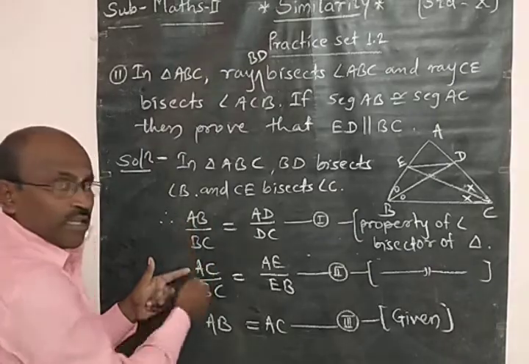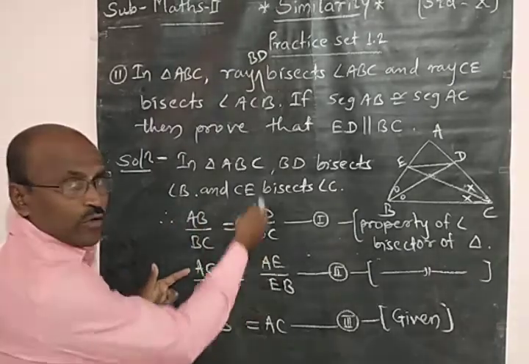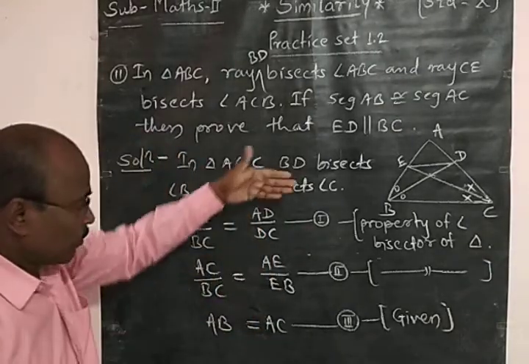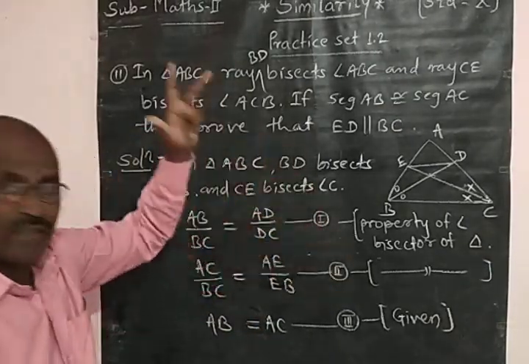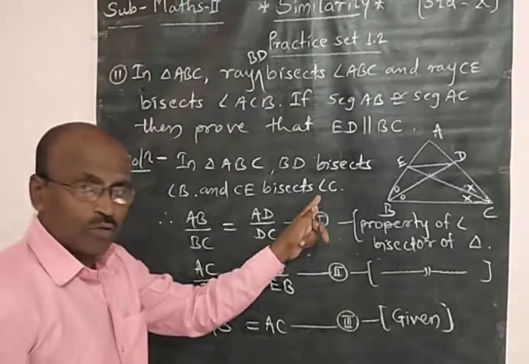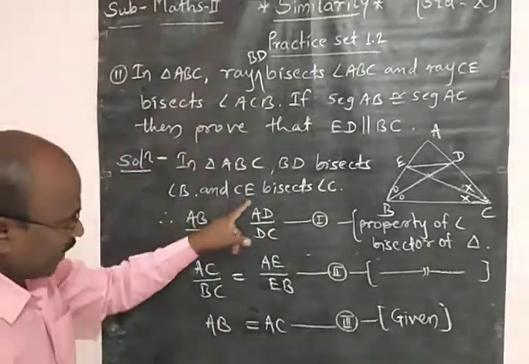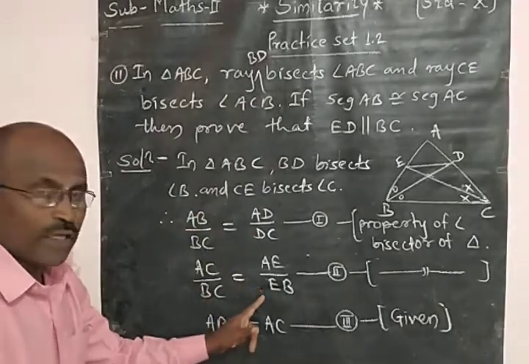So these two are equal. That means these two are also equal. So by these three statements, we write AD upon DC is equal to AE upon EB.